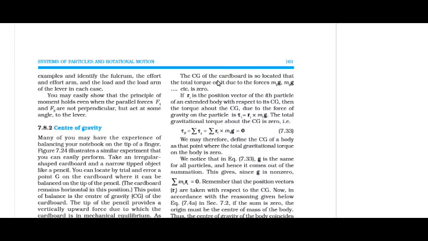Now, the CG of the cardboard is so located that the total torque on it due to the forces m1g, m2g, etc. is 0.